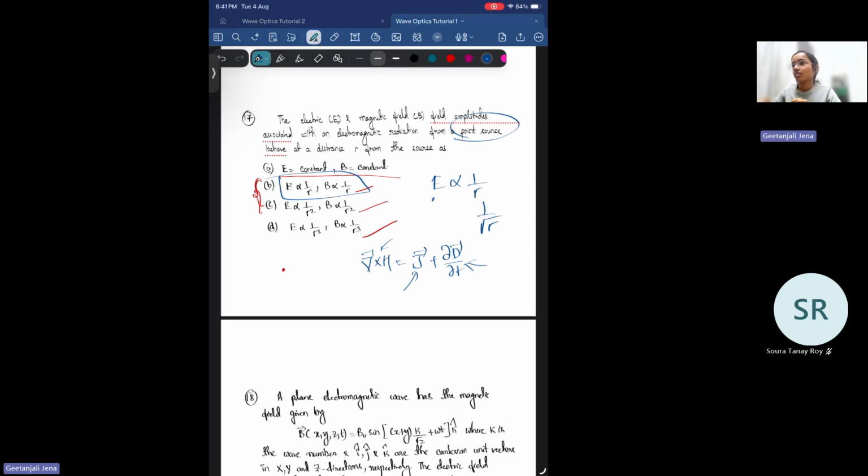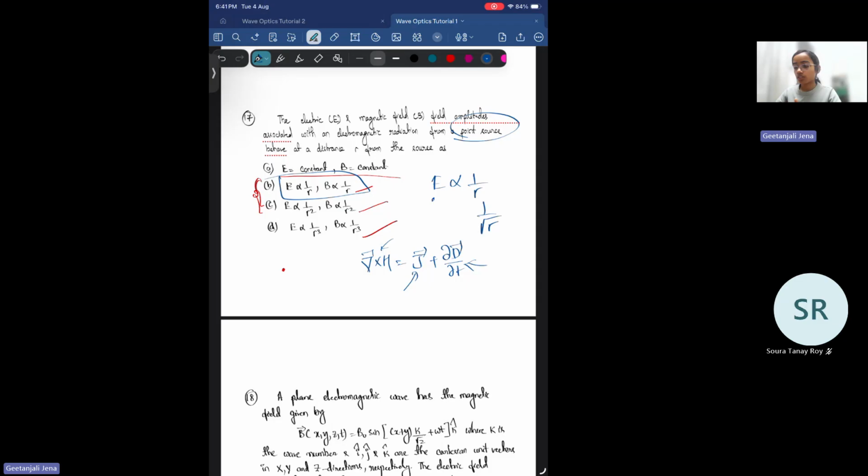Let's say a dipole. If you consider a dipole, it's also a source, but it's not like it is a point charge. Dipoles have two equal and opposite charges.